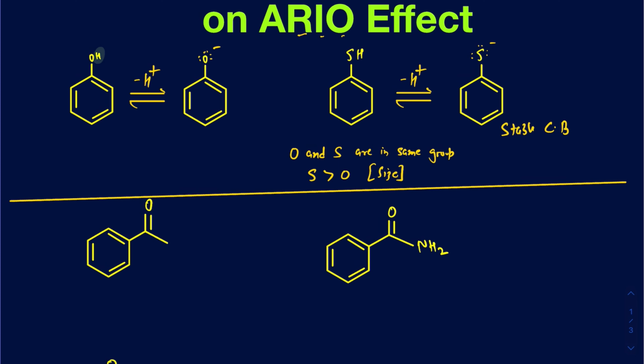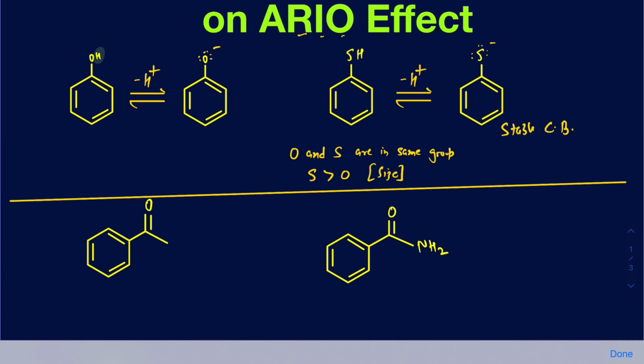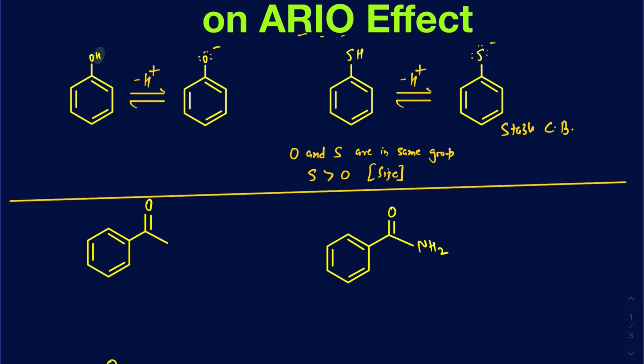When I'm saying stable, I'm just comparing the relative stability of this conjugate base with the left one. Relatively speaking, the conjugate base on the left side is going to be less stable.